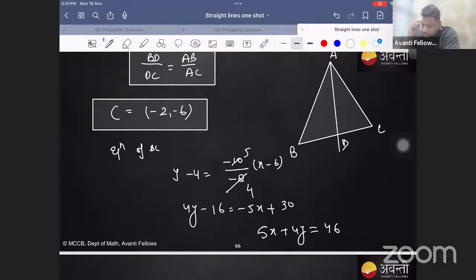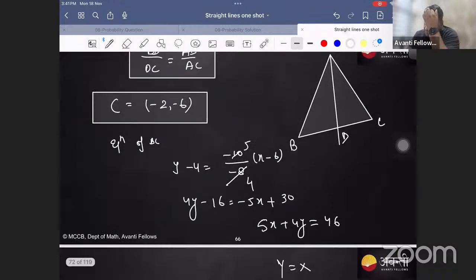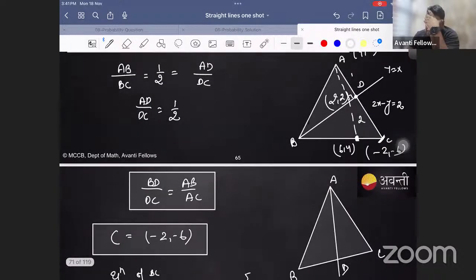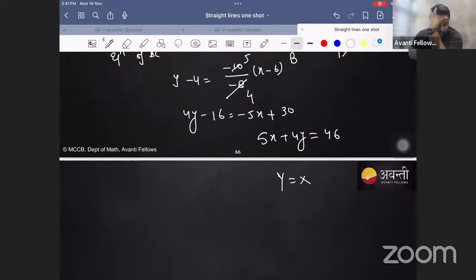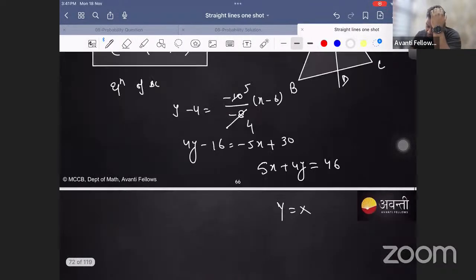Got it? Now, the point of intersection of this line with the line y equals x is point B. They are asking for alpha plus 2 beta.